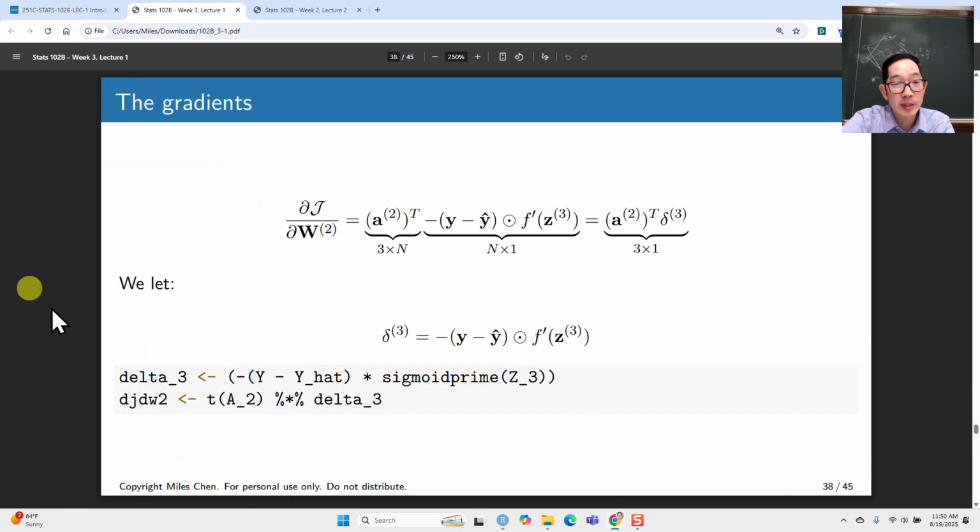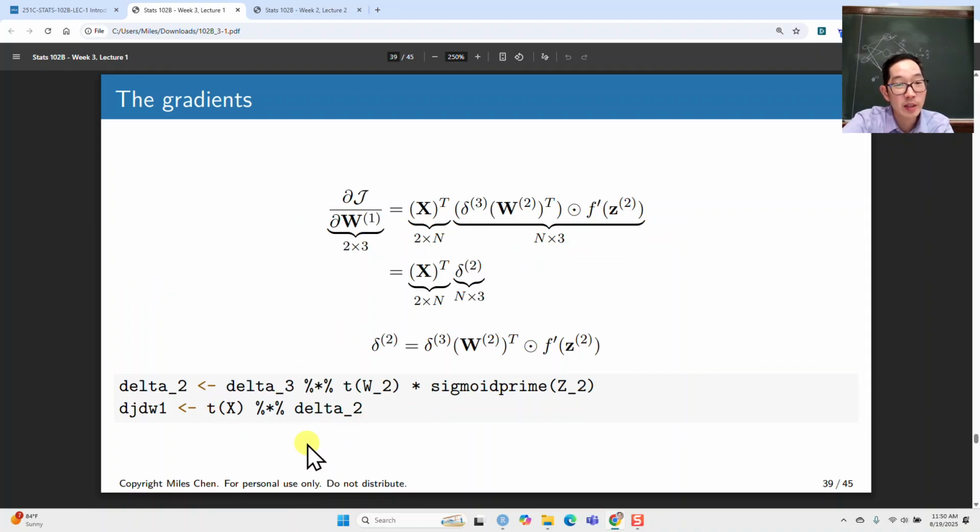And so this is just a direct going from the work that we did on the previous slides, the back propagation slides, to what we have here, okay? And then getting the gradient with respect to W1, I just go directly also.